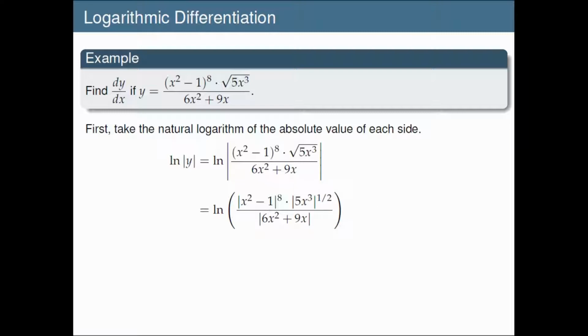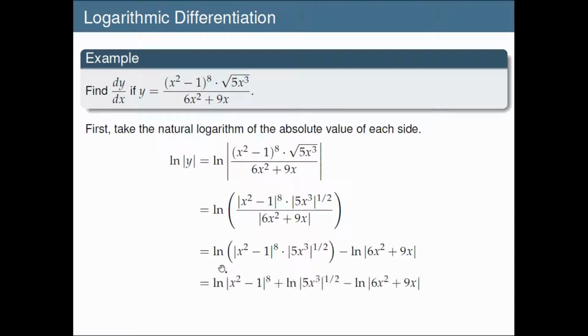We use the properties of logarithms. This is equal to ln of the numerator minus ln of the denominator. Now this part is equal to ln of absolute of x squared minus 1 to the 8 plus ln of absolute of 5x cubed raised to 1/2.